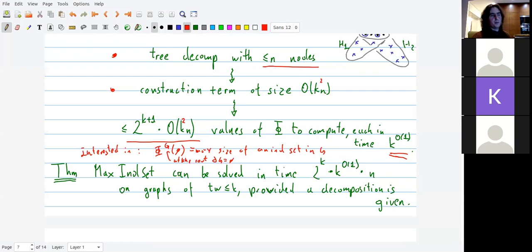So I can conclude that I can find the cardinality of the largest independent set in a graph of treewidth at most k in running time 2 to the k times polynomial in k times linear in the size of the graph, provided the graph is given with the decomposition. This is just for argumentation that I can find the largest cardinality, not the set itself.